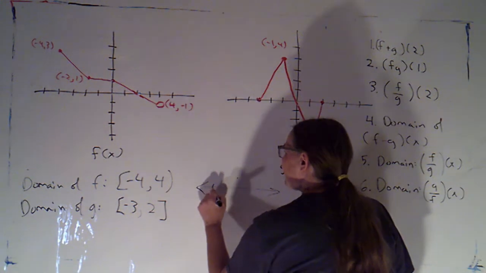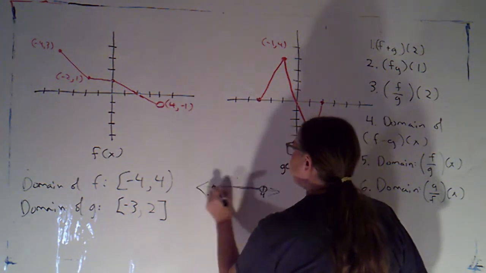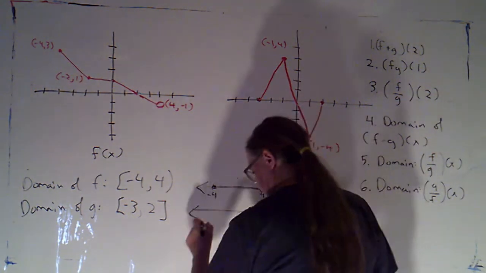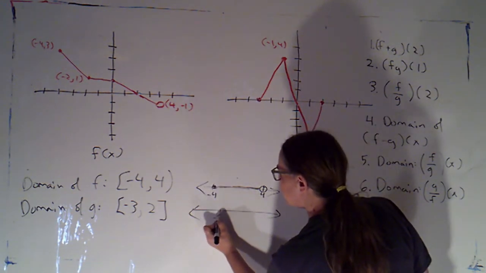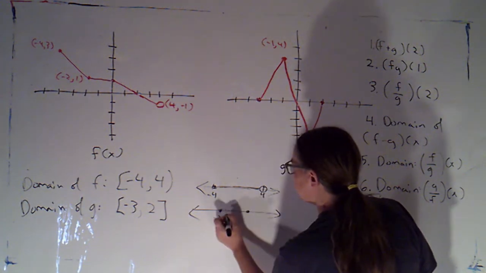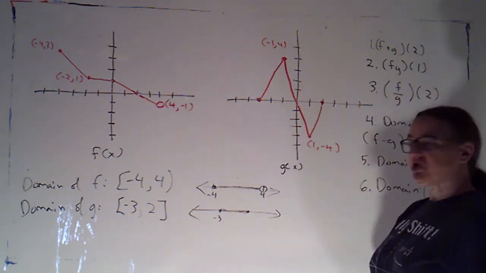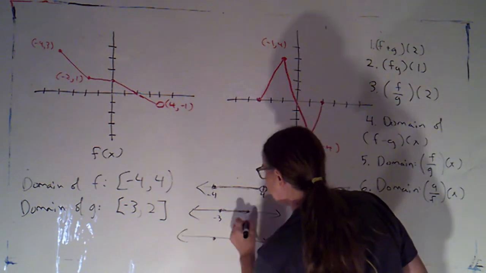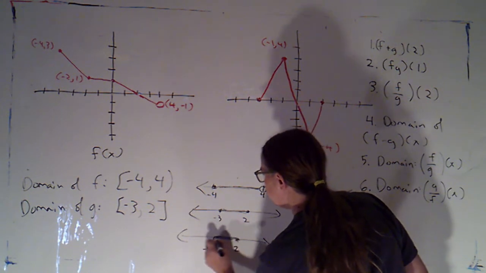So let's see, we would be going from -4 to 4, this half open, half closed interval for f. And then for g, we'd be going from -3, which is going to be a little bit to the right of -4, to 2, which is a little bit to the left of 4. So now, if I look at what's shaded twice, turns out what I'm going to get is just everything between -3 and 2.